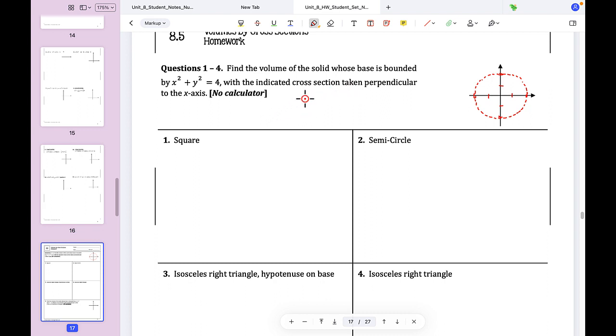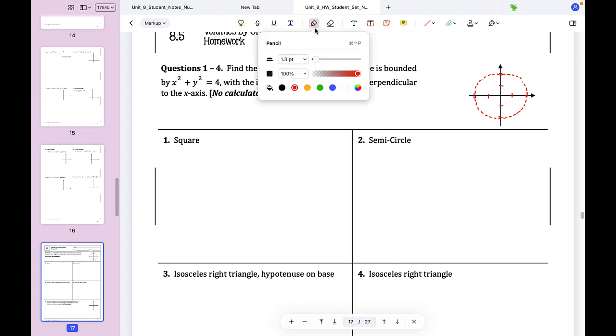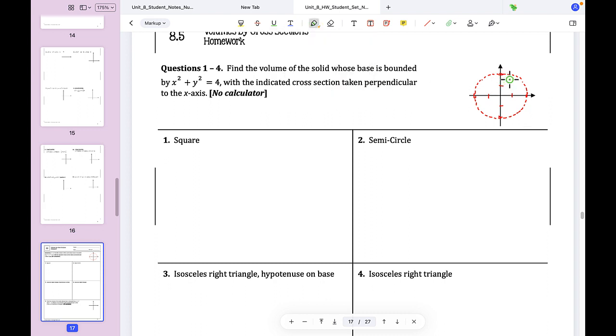And we have cross sections that are perpendicular with the x-axis, so that's great. The first cross section is going to be a square. So we're looking at a square cross section perpendicular with the x-axis, something like that.